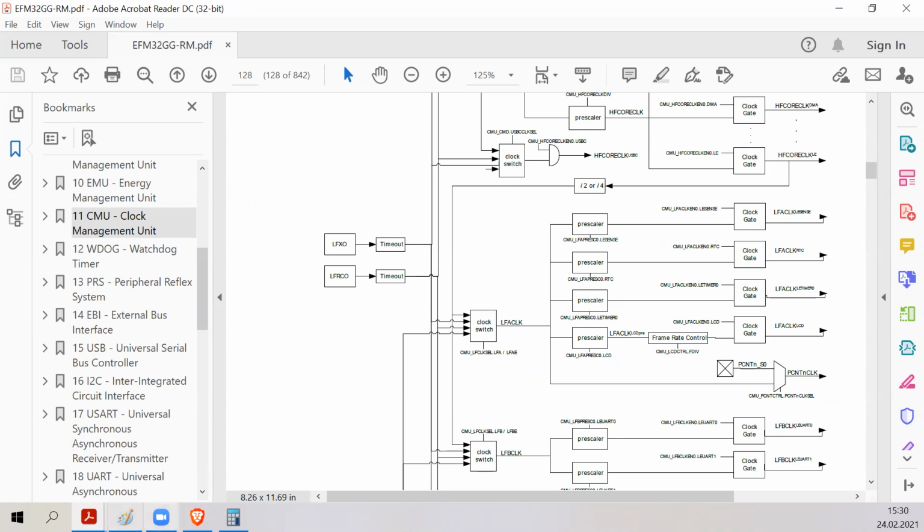But if you only need a not very precise clock, and the device will always be at room temperature and the voltage will also be constant at approximately 3 to 3.3 volts, then you can use the internal oscillator and save some money.